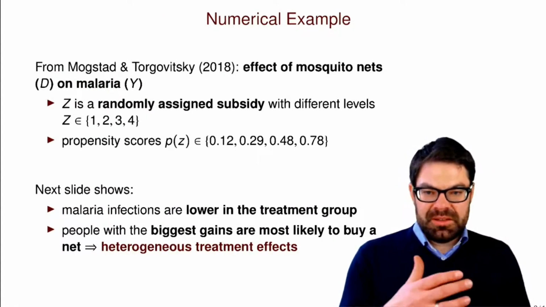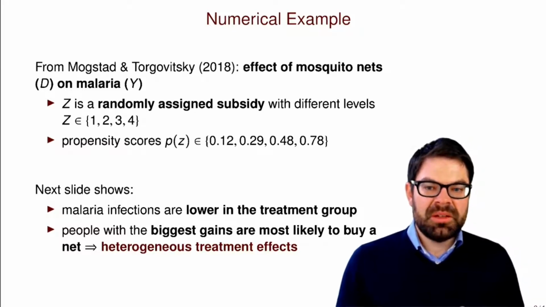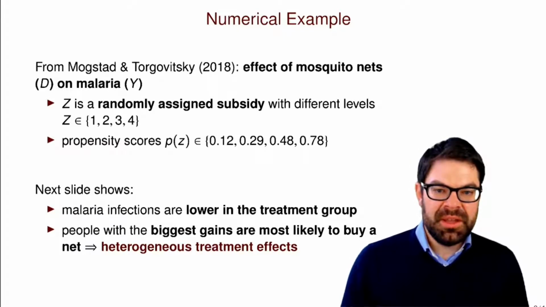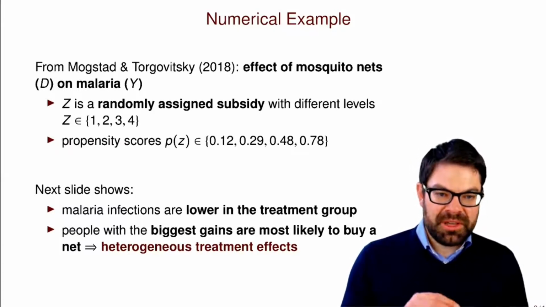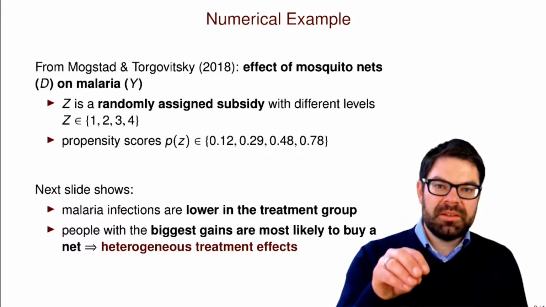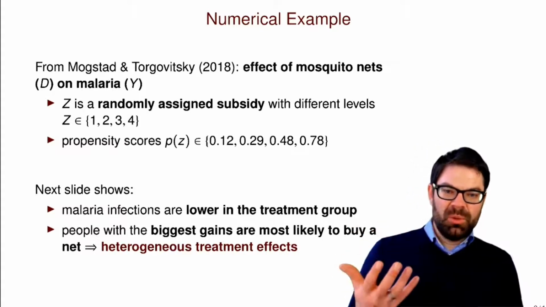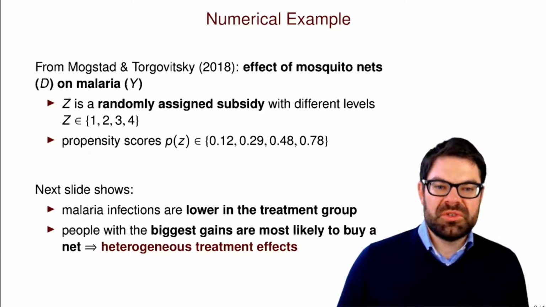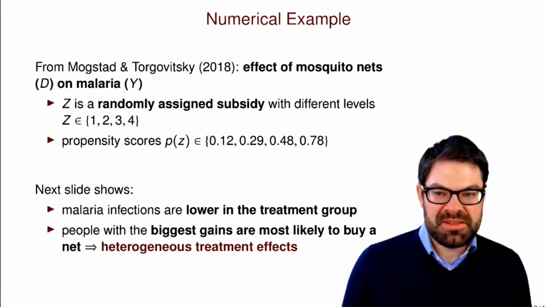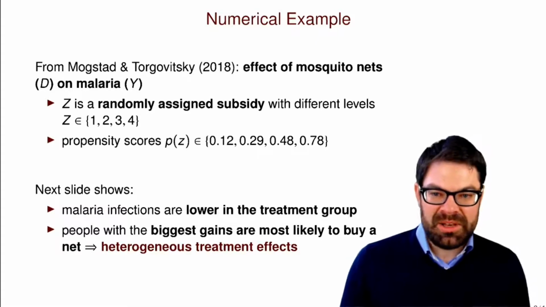So they then show an example based on an actual experiment that was done in Africa, where the goal was to see what is the effect of having mosquito nets on whether people are getting malaria.